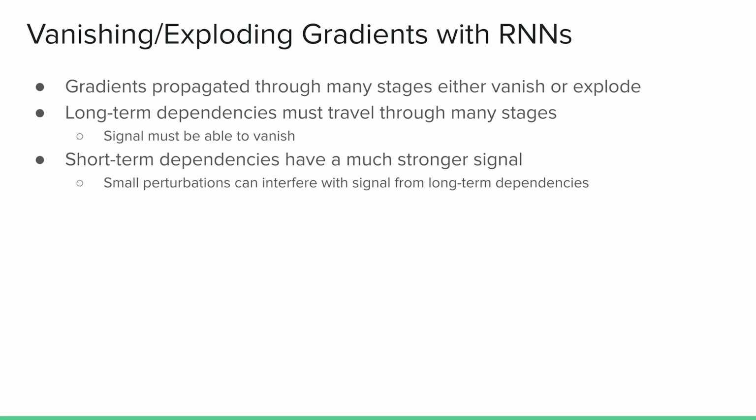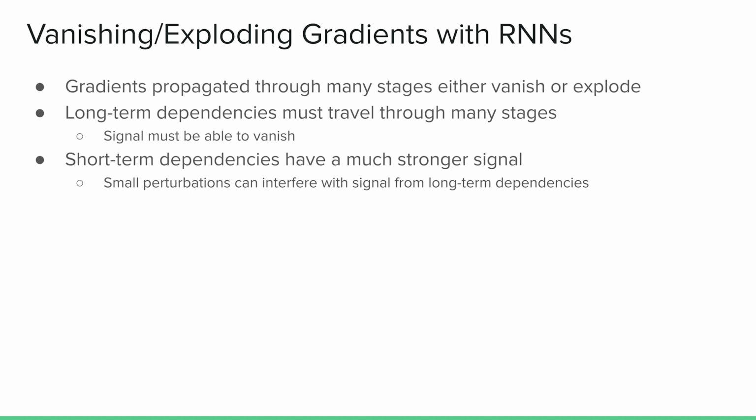And we need to have this long-term dependency preserved. We can't forget about it. But on the other side, we must have the option to disregard certain information. So for that information to remain in our forward pass, in our signal, we have to be able to drop other information. Some parts of the signal must have the ability to vanish, while others must be preserved.